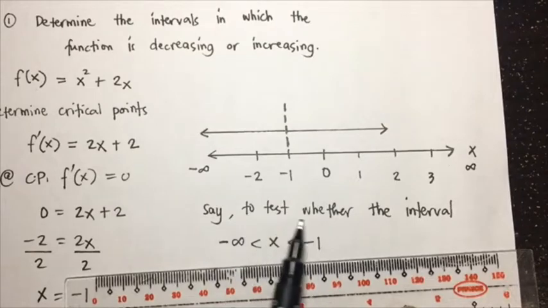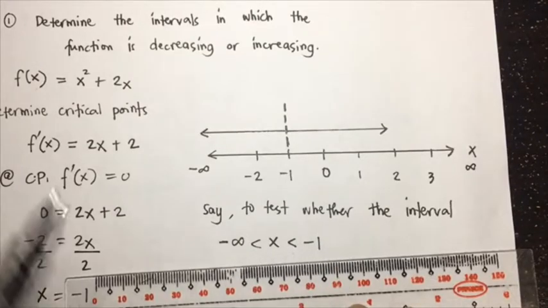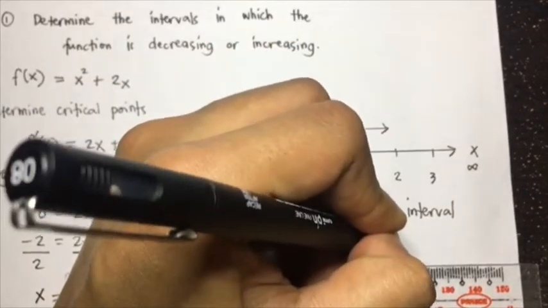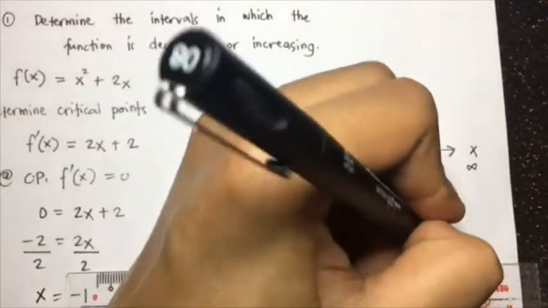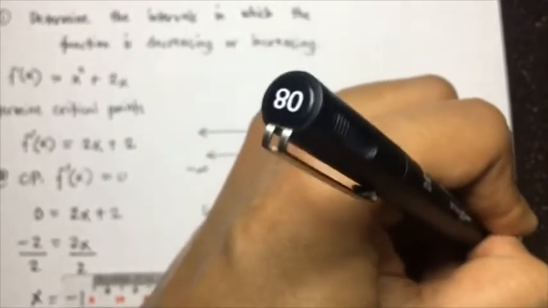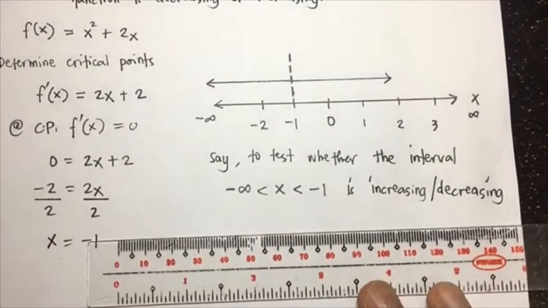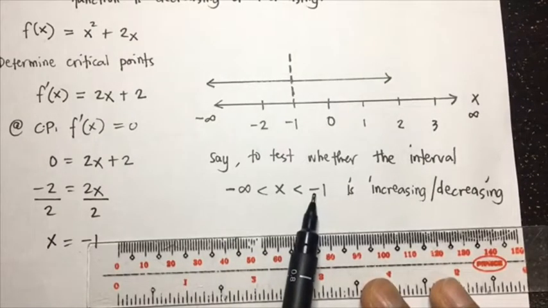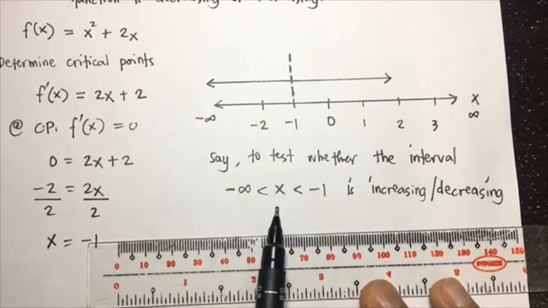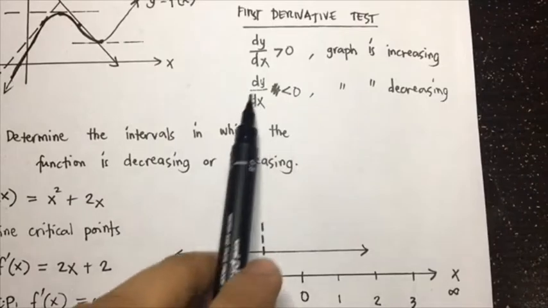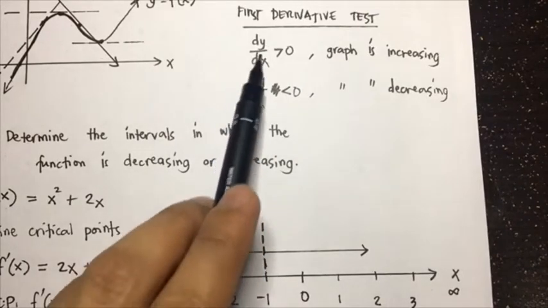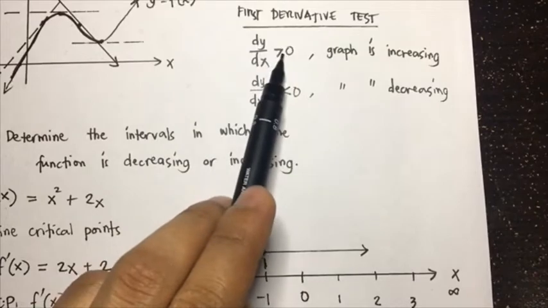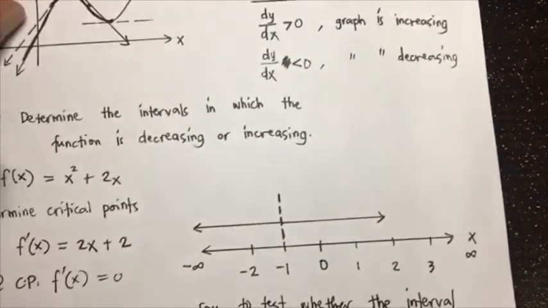So to test whether this interval is increasing or decreasing, we will substitute any value between negative infinity and negative 1. It doesn't matter what value you choose, as long as you can determine if the derivative is greater than 0 or less than 0, positive or negative.